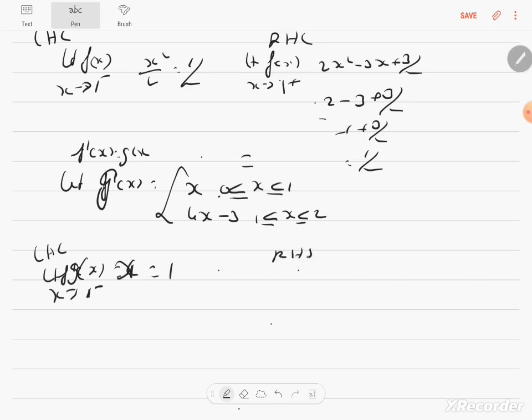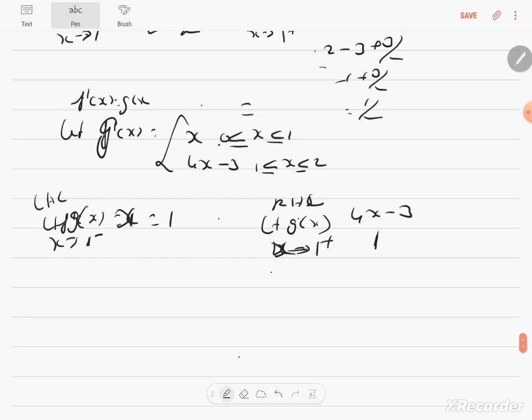For the right hand limit, limit of g of x as x tends to 1 from the right: the formula is 4x minus 3, where you substitute x as 1 and you'll get the answer as 1. So LHL is equal to RHL, so the limit exists for f dash of x also.